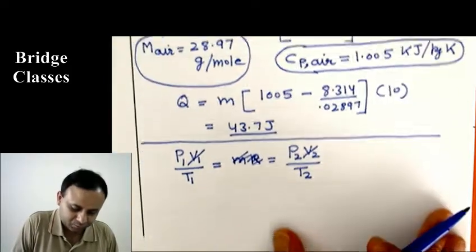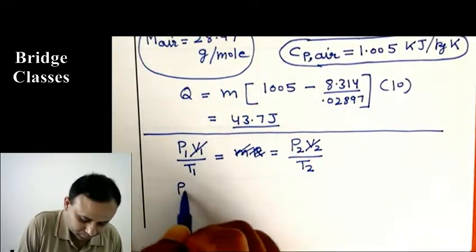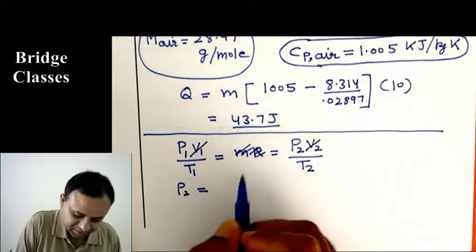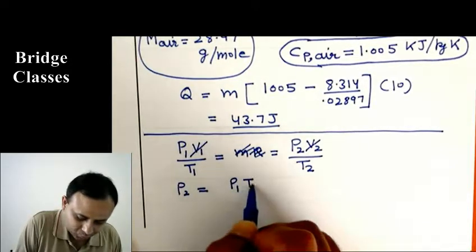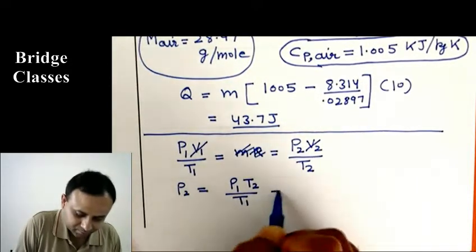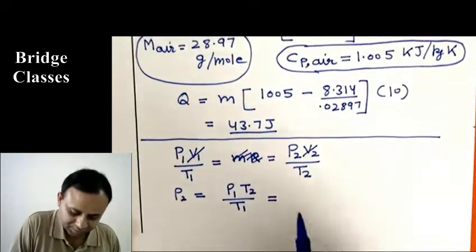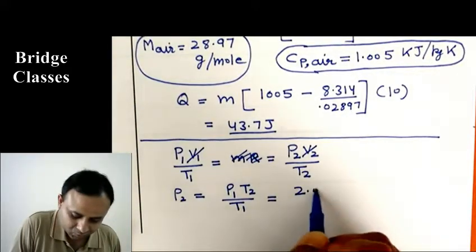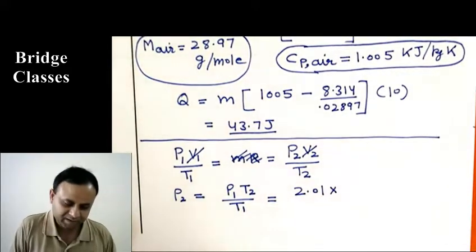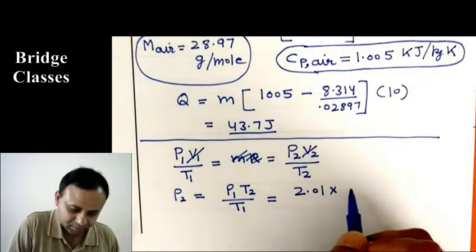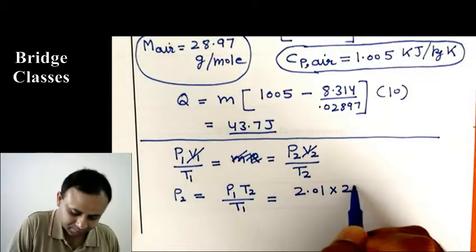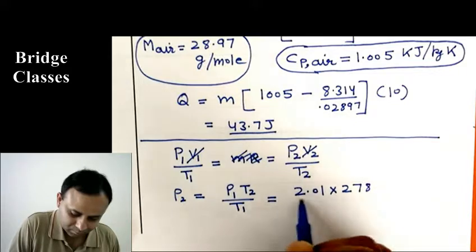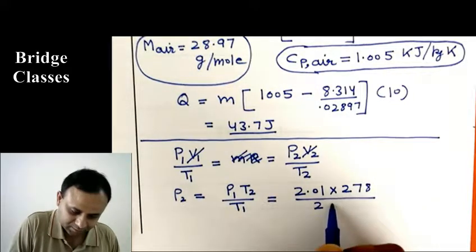So P2 will be just P1 T2 over T1. P1 was 2.01 bar, T2 we have to take in Kelvin, that is 278, and T1 is 288.